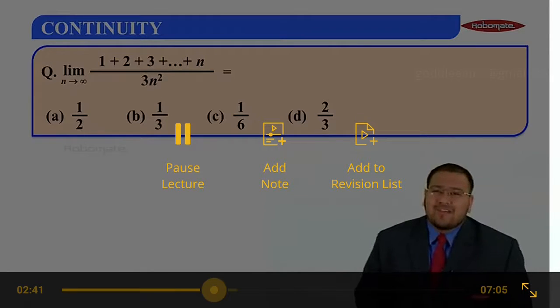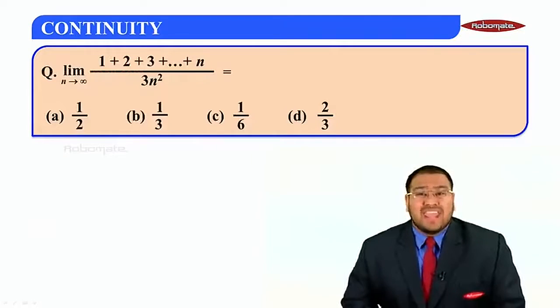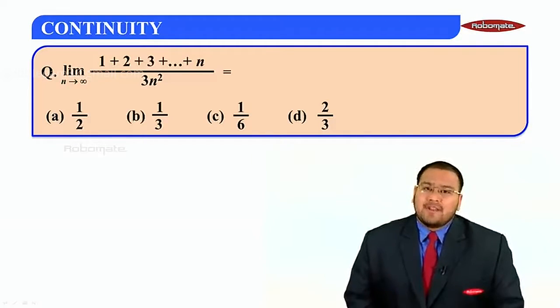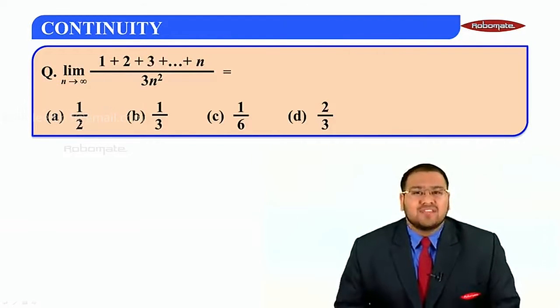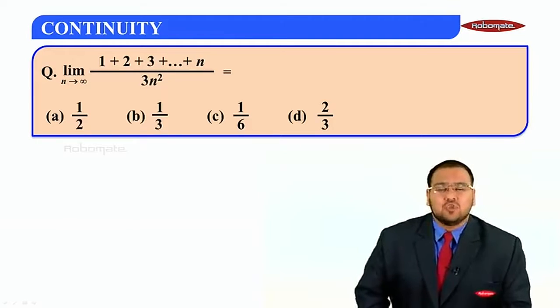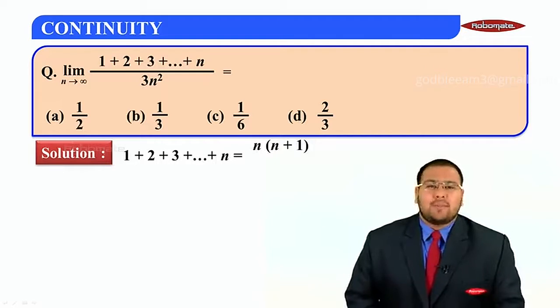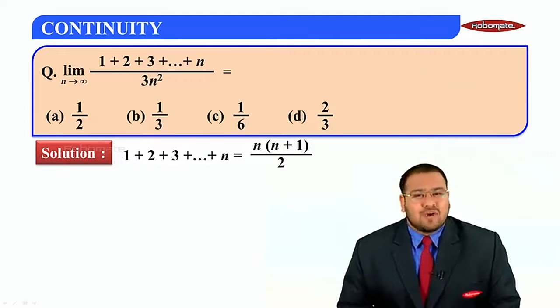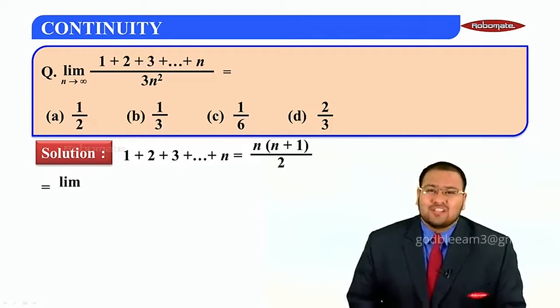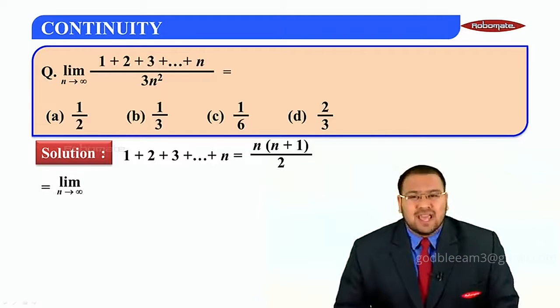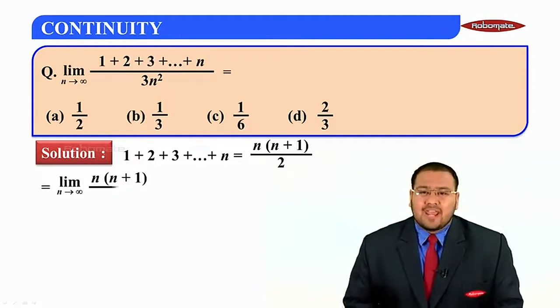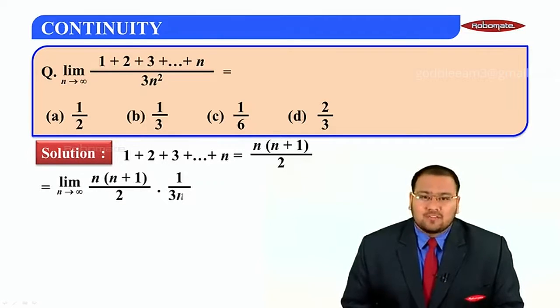Here in this case we have n tending towards infinity, but in the numerator we have a series, that is 1 plus 2 plus 3 up to n. We know that 1 plus 2 plus 3 up to n is n into n plus 1 by 2. So the equation would be the limit as n tends towards infinity of n into n plus 1 by 2 into 1 upon 3n square.